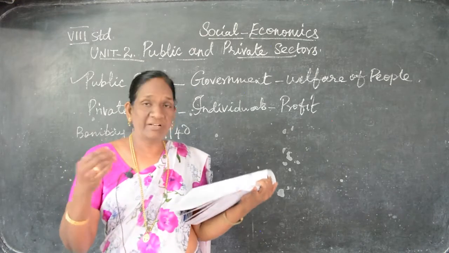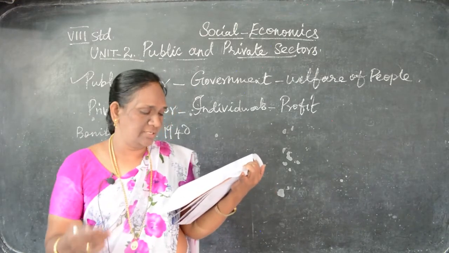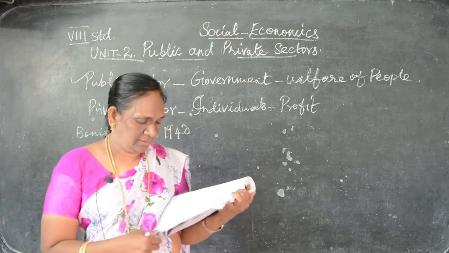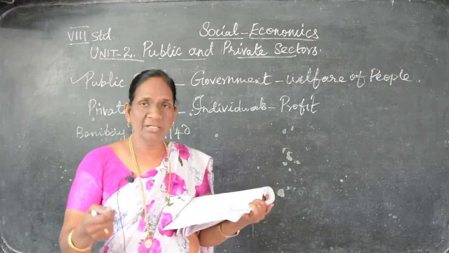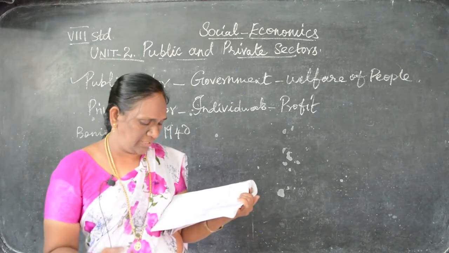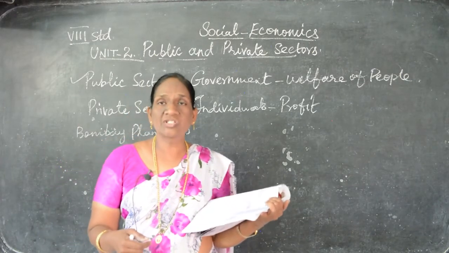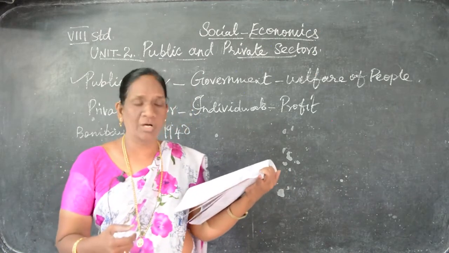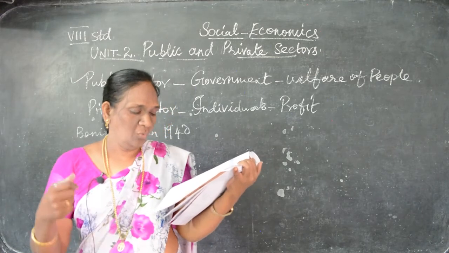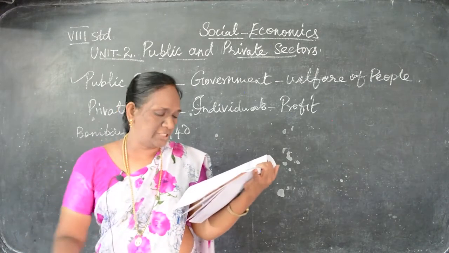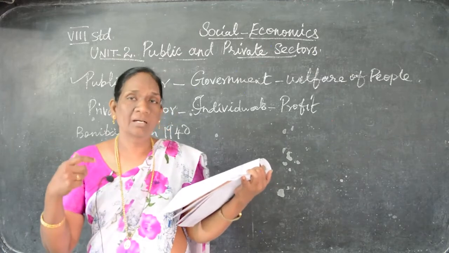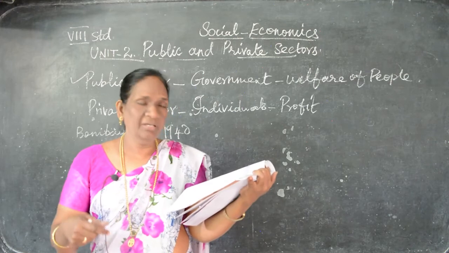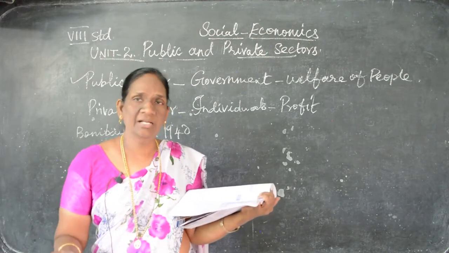The first industrial policy resolution was announced in 1948, and the Planning Commission was set up by the cabinet resolution in March 1950, and the Industrial Act was enacted in the year 1951. So these all had the objective of empowering the government to take necessary steps to regulate industrial development.